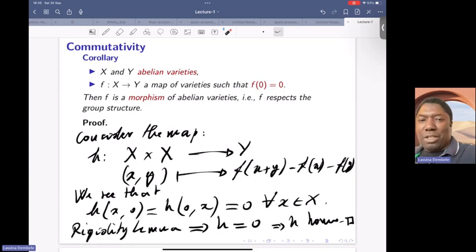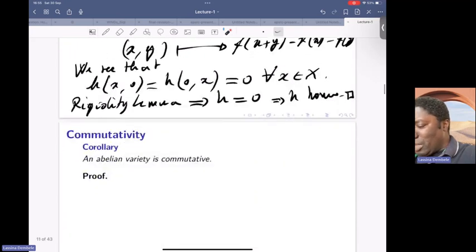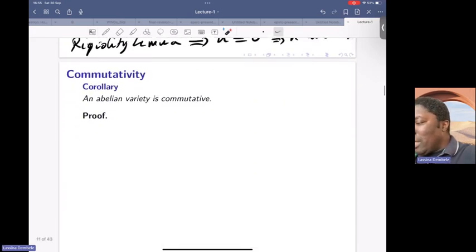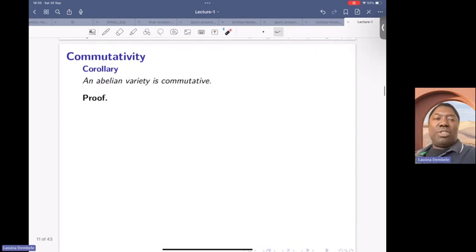So it would respect the group structure of these two abelian varieties. So it's a very strong result. And it's a corollary of this result that if you have an abelian variety, then it would have to be commutative. So how do we get that the abelian variety is commutative in this case?